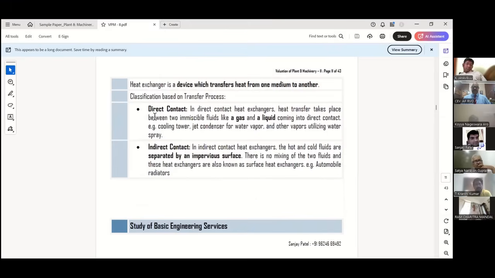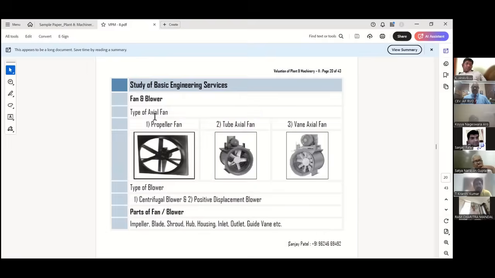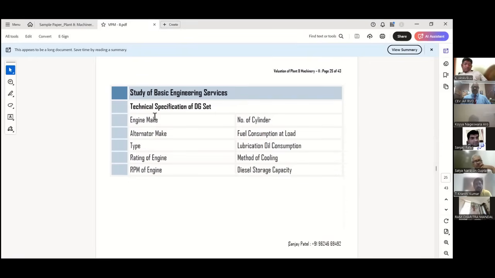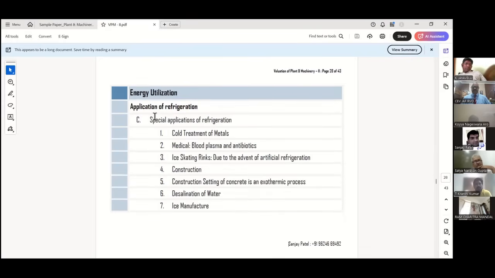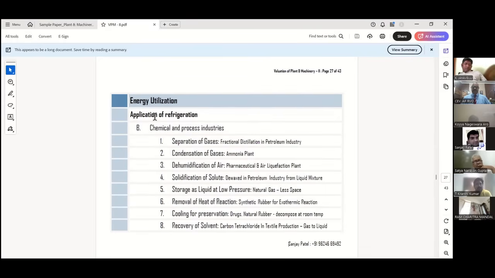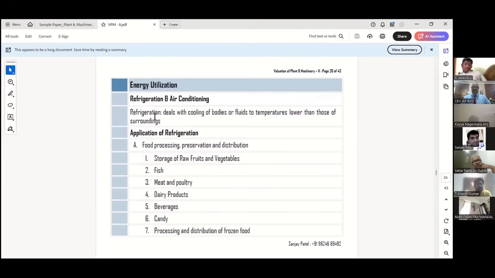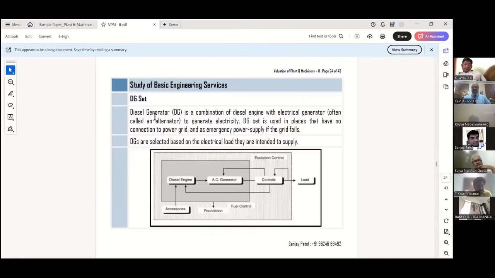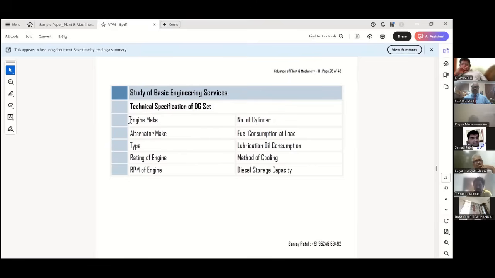It is defined on surface area, meter square. So for the DG set: engine make, number of cylinders, alternator make, type, and rating of the engine. Those technical specifications will be required to collect during the valuation process.